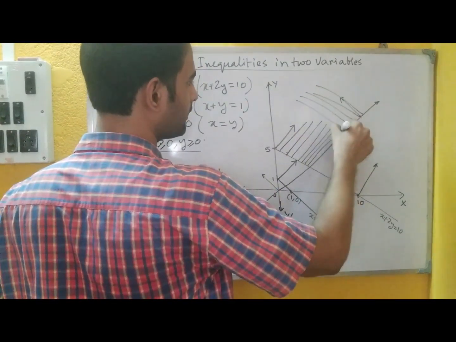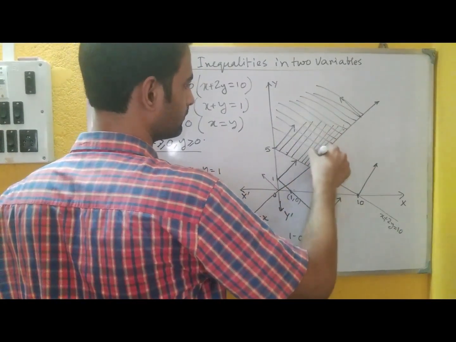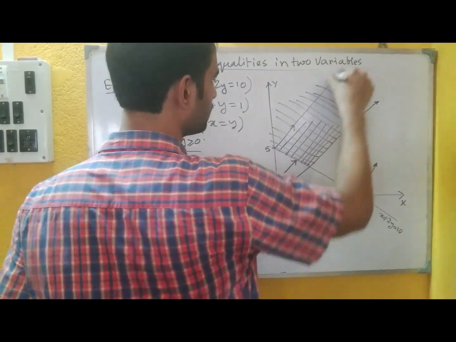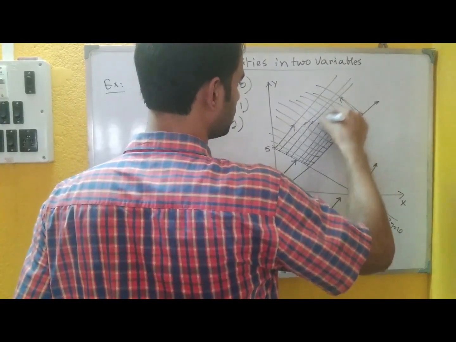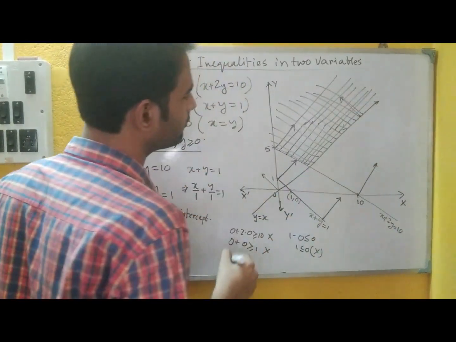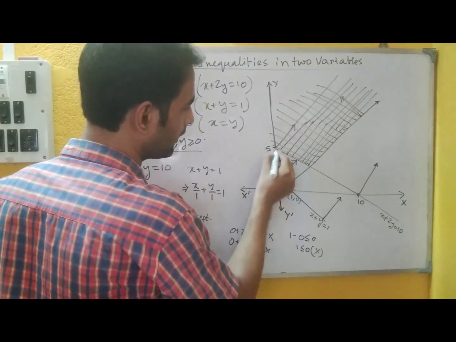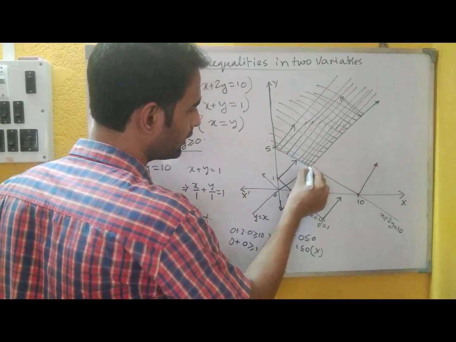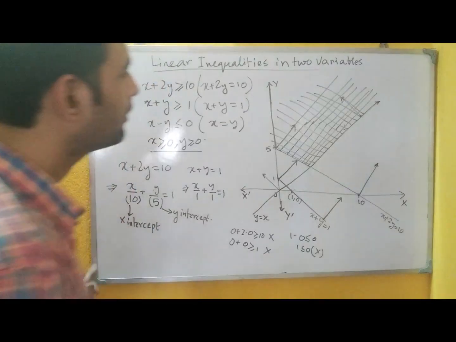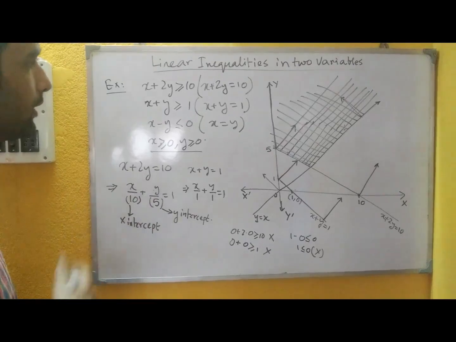So the region will be like this, up to this line. So this region will be our solution region, that is given by the y-axis, then the line x plus 2y equals 10, then the line y equal to x. This will be our common shaded region for all the three lines, for all the three inequalities.